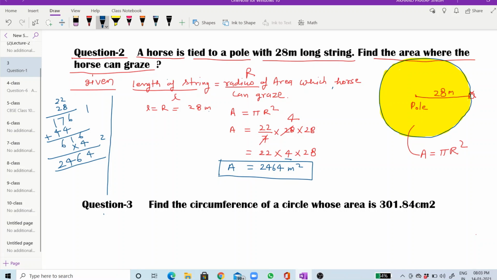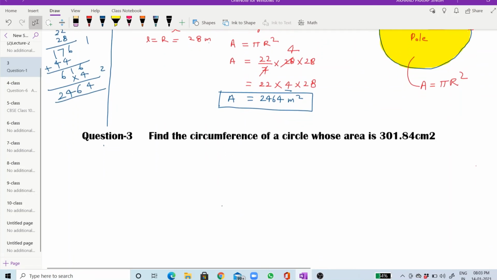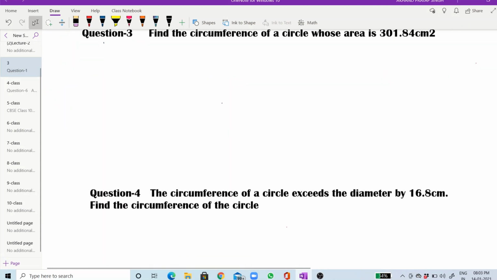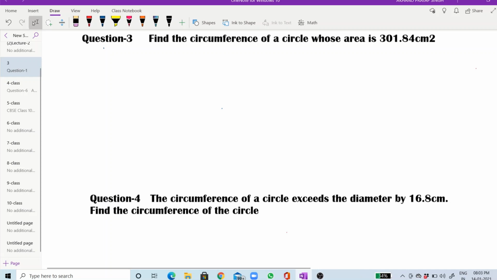Now the next question. In the next question, find the circumference of a circle whose area is 301.84 centimeter square.